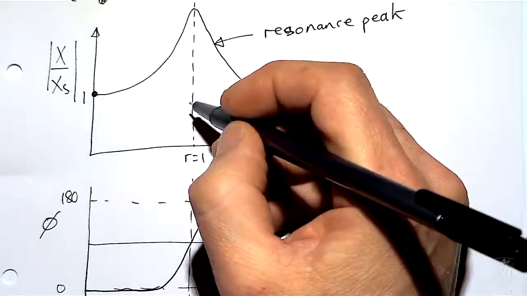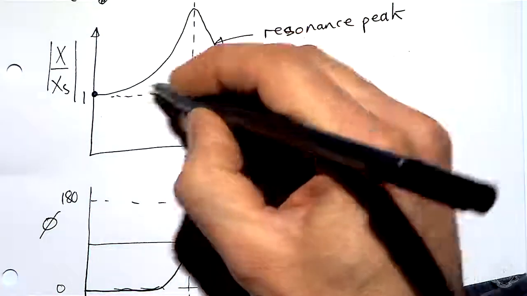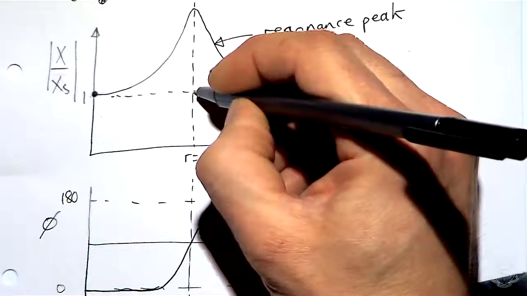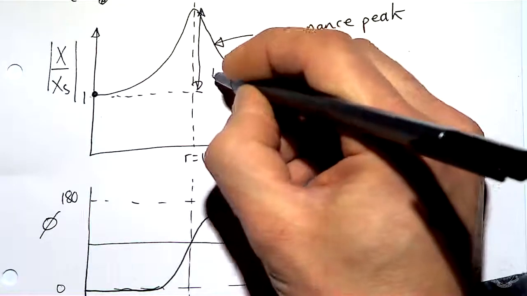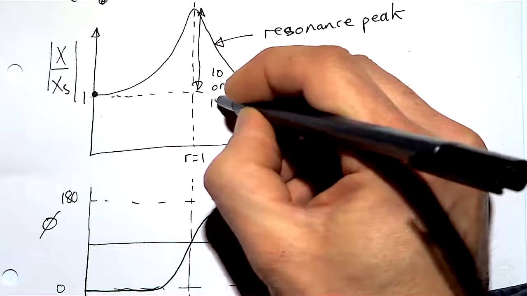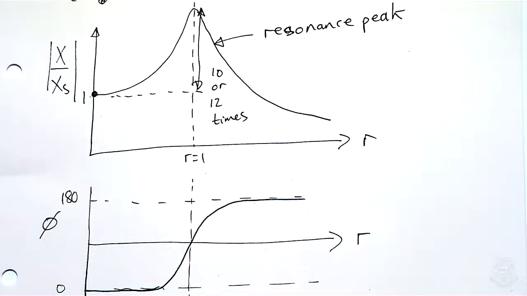And the amount that this can be magnified, from this value here to this peak, can be 10 or 12 times. Typically, right? It can be more actually if the damping is very, very small. But it's very typical to have a magnification or an amplification of 10 or 12.